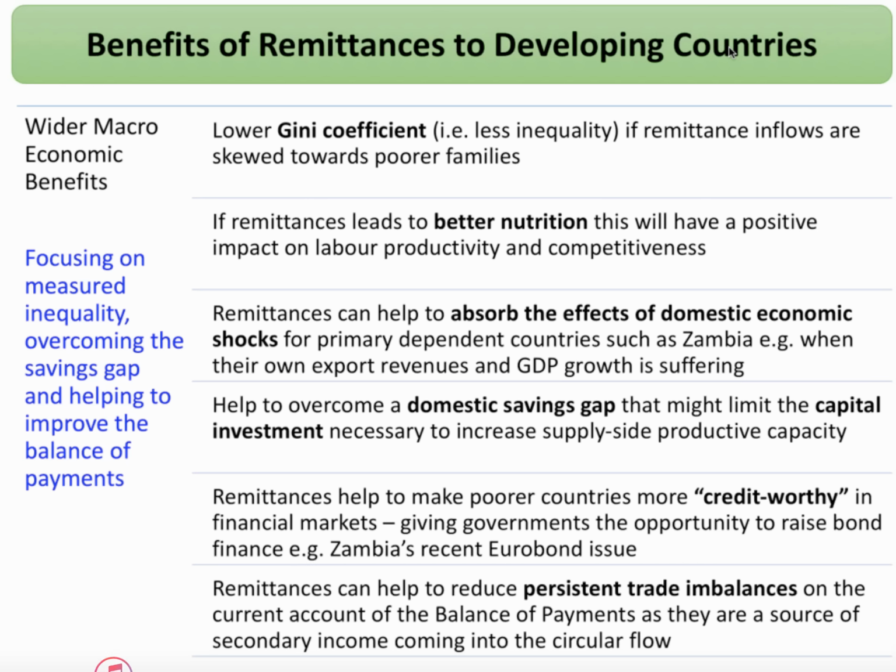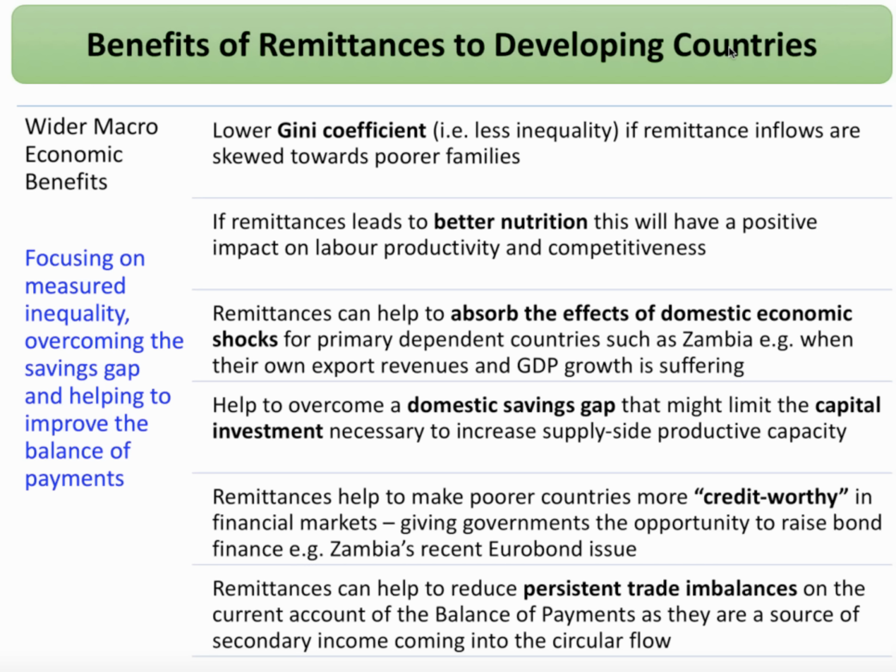The really key point, I think, is that remittance income, which is significant for countries, can make it easier for governments to go to the financial markets themselves and borrow money. So Zambia has recently issued a euro bond, several billion euros worth of government debt, priced in euros. It's one of the few African countries to have done that. It's eased by the fact that it's got some remittance income coming through.